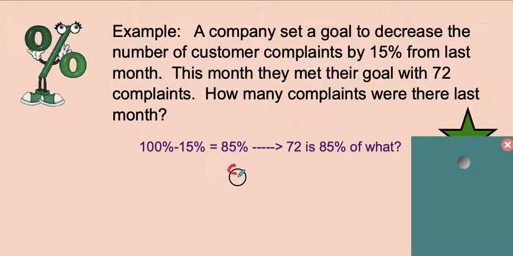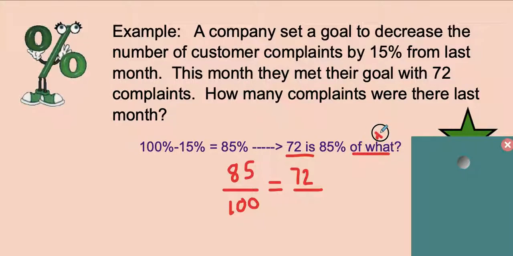So again, percent, so 85 per 100, percents are always ratios, equals is over of. So it looks like 72 is, and then in this case, of what? So of is my variable.